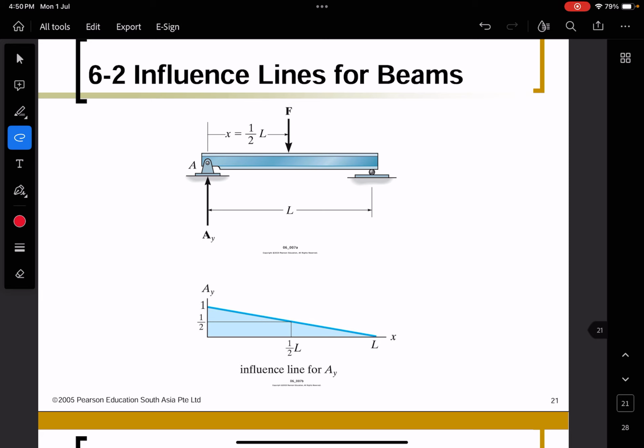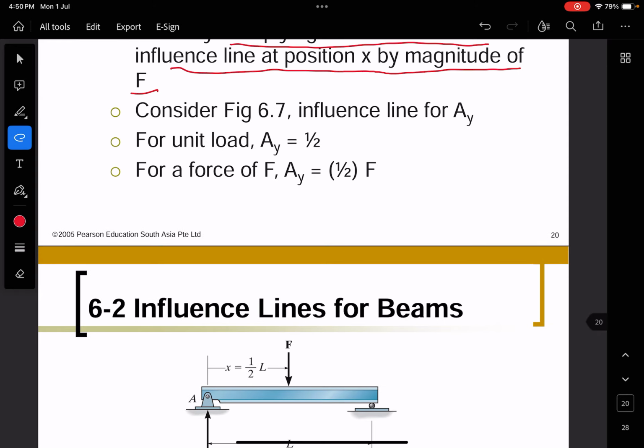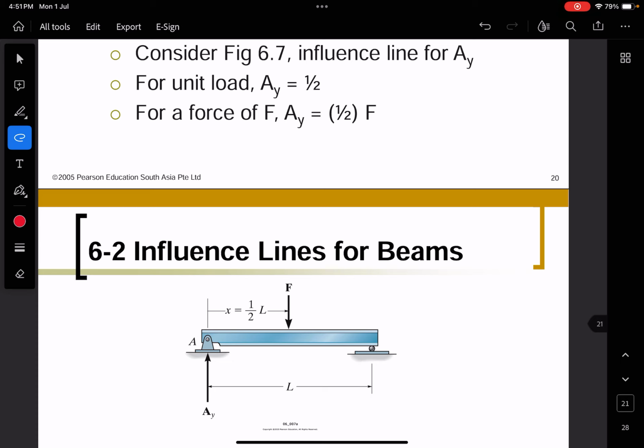You have a point load or concentrated load placed at the middle of the beam. How do you construct the influence line for AY? You know that if you place one unit here, automatically this one will be half, and this one also will be half.